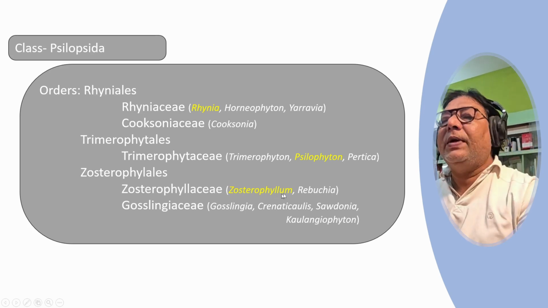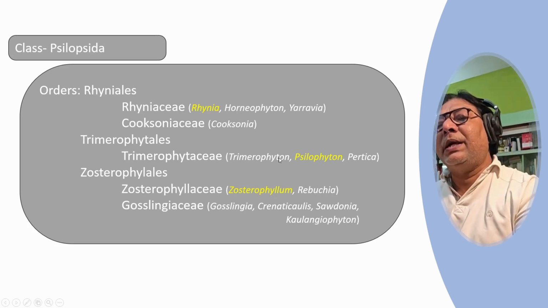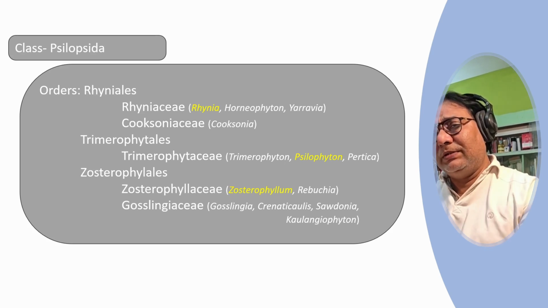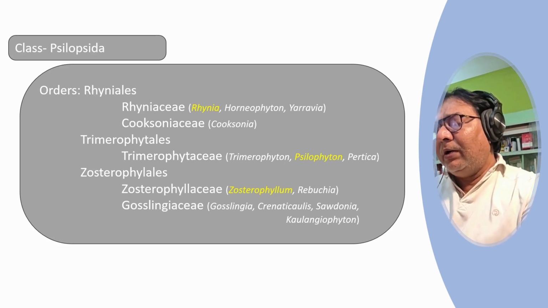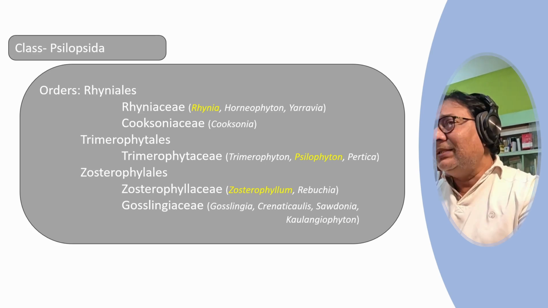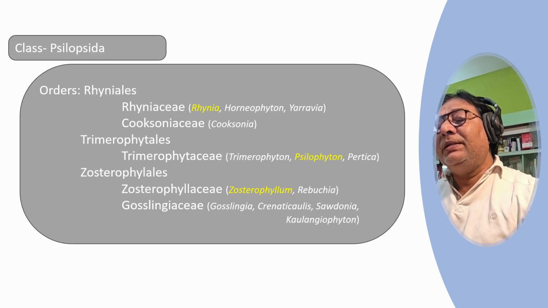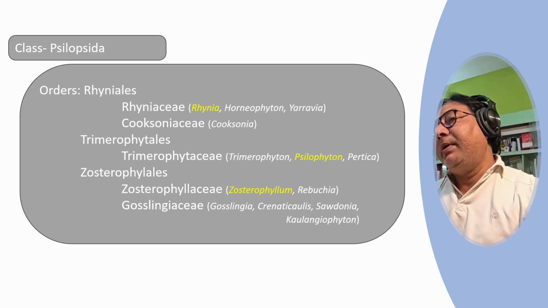Psilophyton and Zosterophyllum are in fact a little before Rhynia. So that was the time period when plants were evolving from aquatic to land habit. And all these plants are rootless, leafless. Remember, rootless, leafless, extinct members of Pteridophyta.